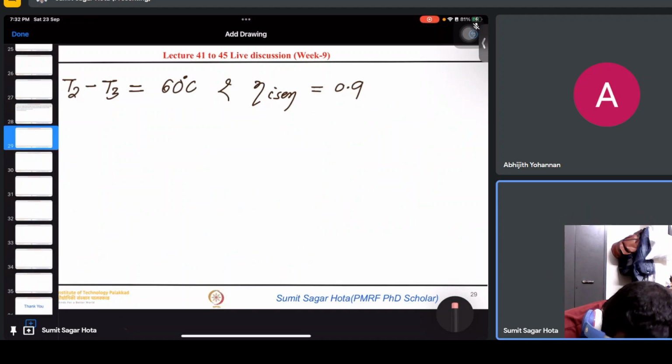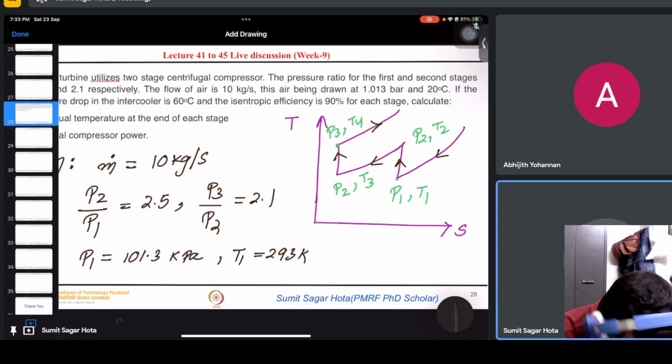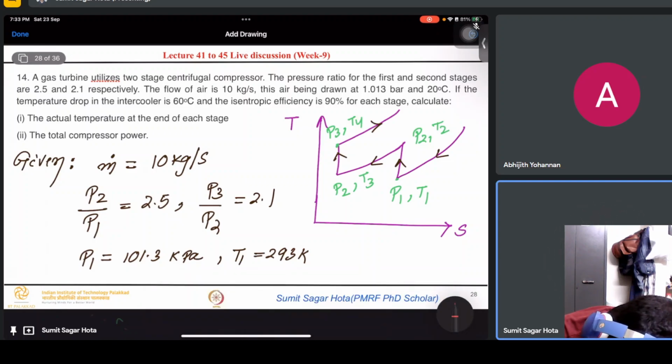Next, because isentropic efficiencies are given, one thing we have to mention here is the actual processes.